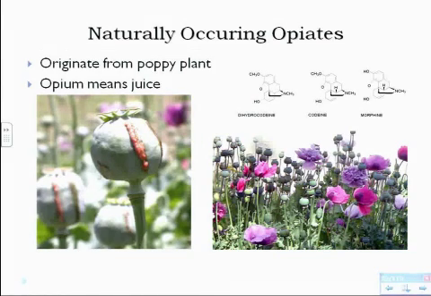What you see is that inside here, the original name for opium means juice. You actually take the poppy itself and you cut into it, and you get this white liquid coming out of it. That white liquid is where the narcotic is. Okay? It's an alkaloid. It's a very potent alkaloid.